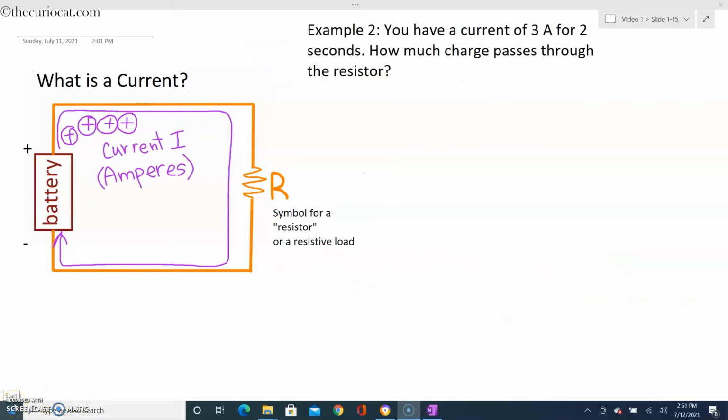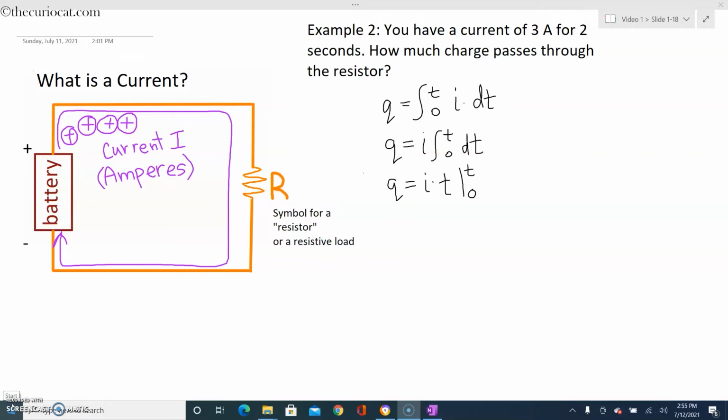Now, for example 2, you have a circuit with a current of 3 amperes for 2 seconds. How much charge passes through the resistor? Starting with our integral formula, we notice that because the current is a constant value, the value I can be taken out of the integral. Next, we perform the integration.